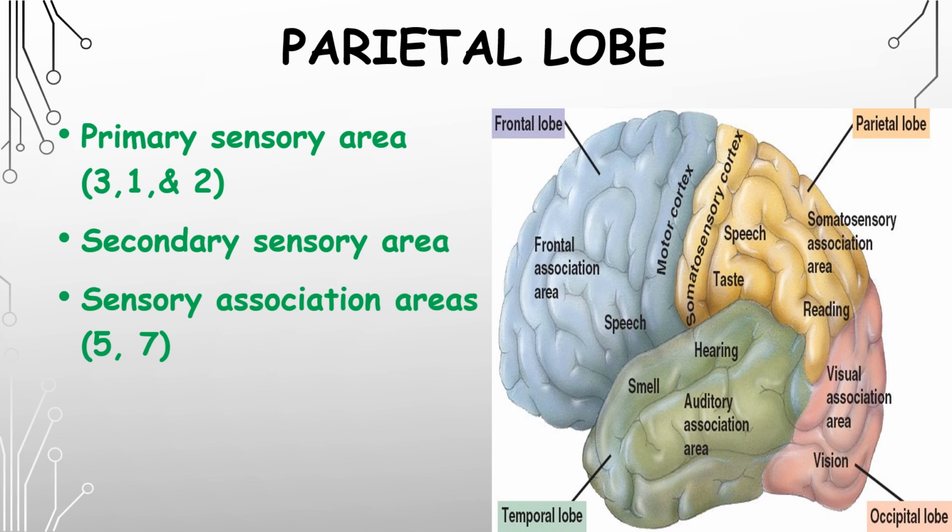Parietal lobe. It lies between the central sulcus and the parieto-occipital sulcus. It has the following areas: the primary sensory area 3, 1 and 2, and then the secondary sensory area and the sensory association area.